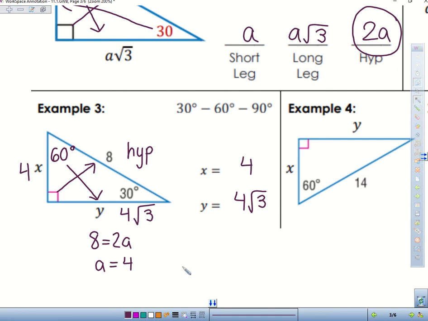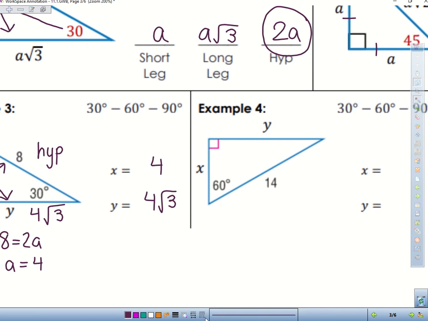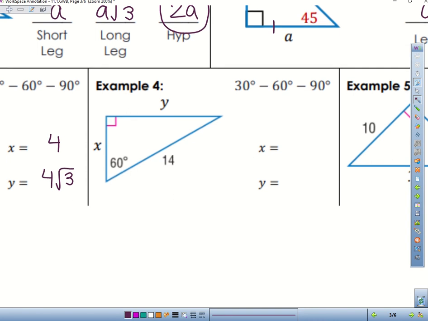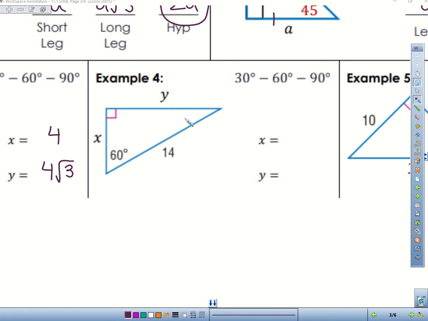All right. Now we're going to do the next one, which is another 30-60-90. On this one, this is my 30, this side is associated with my 60, and the side they give me is the hypotenuse.